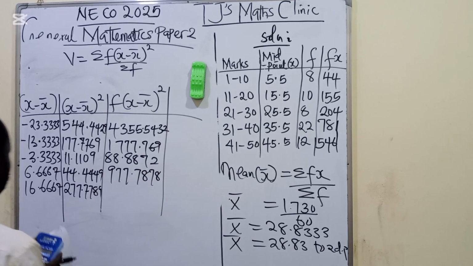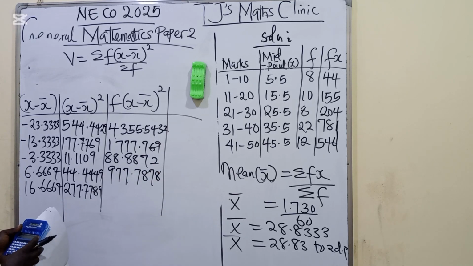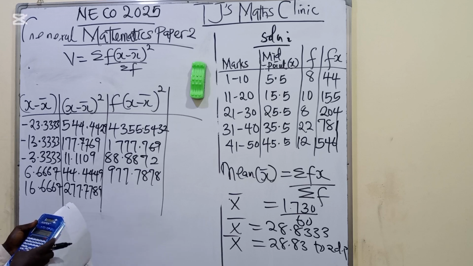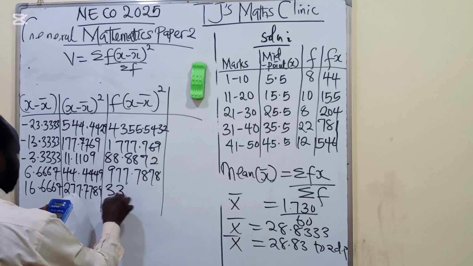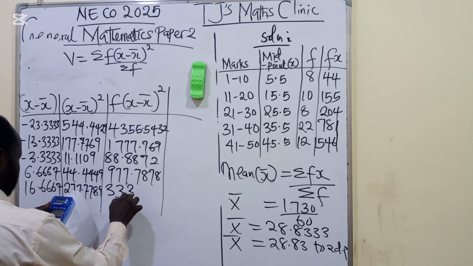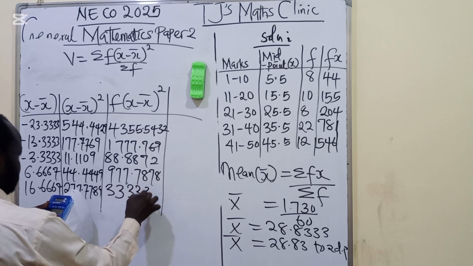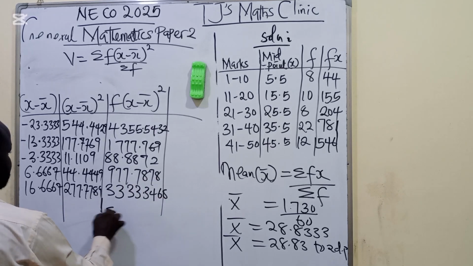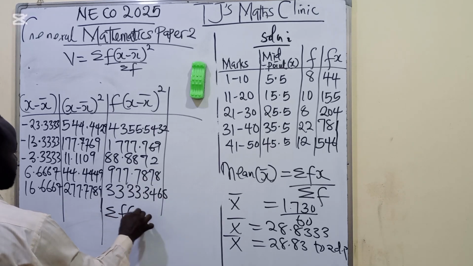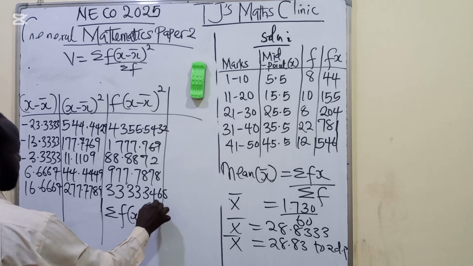The last one is 12, that's 277.7789 multiplied by 12, that will be 3333.3468.